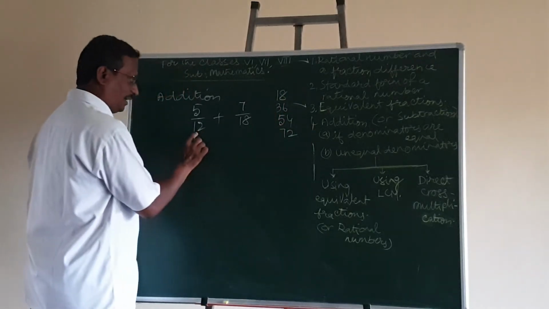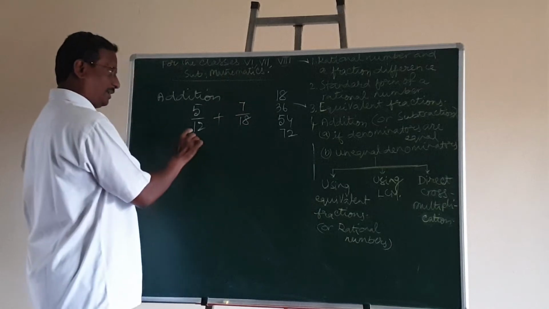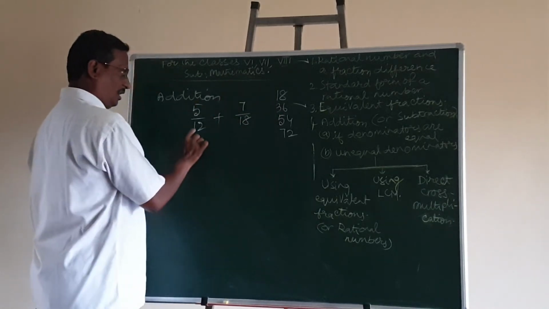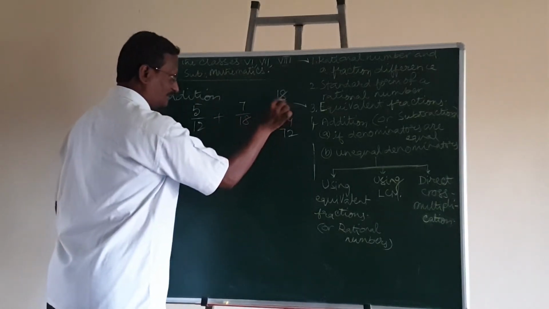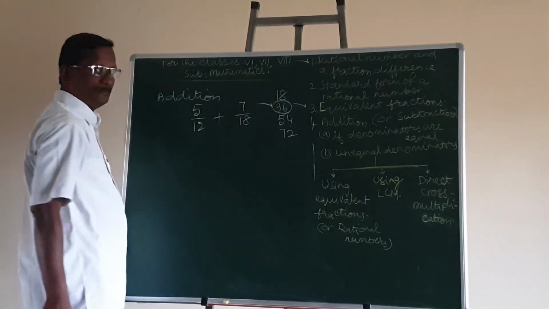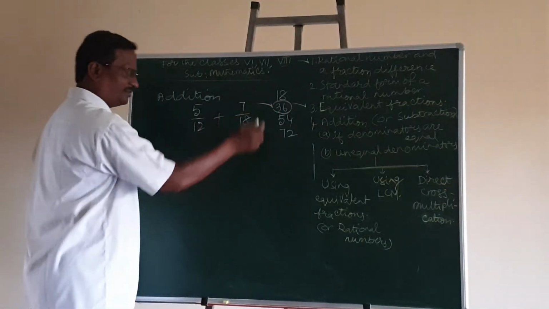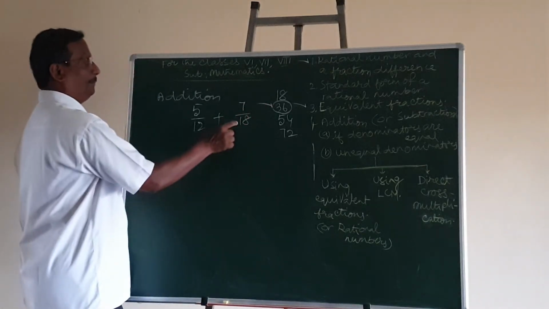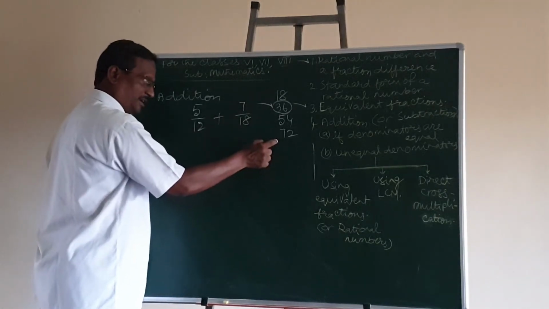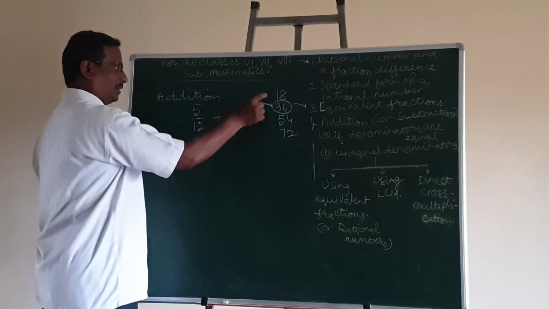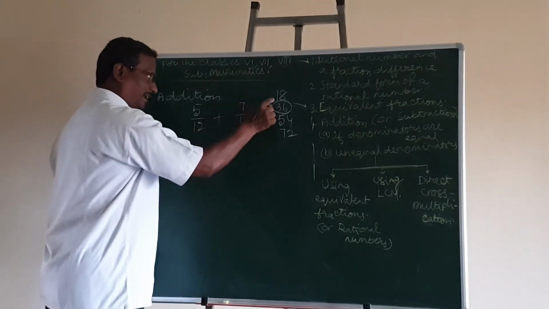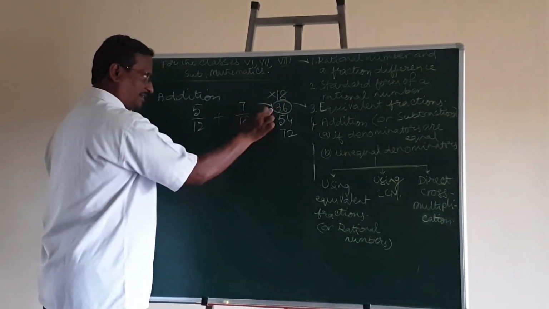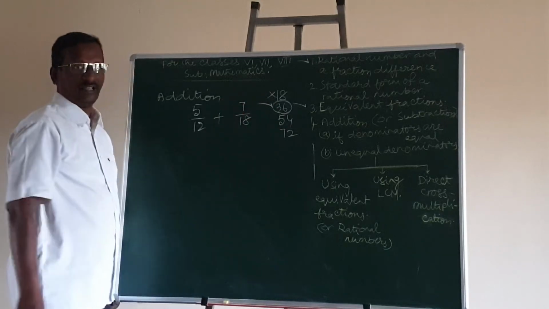Check with 12. In the 12 table we don't get 18, but in the 12 table we will get 36. Therefore 36 is the LCM. This is a very easy way of finding the LCM: take the bigger number 18, and in its multiplication table check with the 12 table. 12 table 18, no. 12 table 36, yes. Therefore 36 is the LCM.